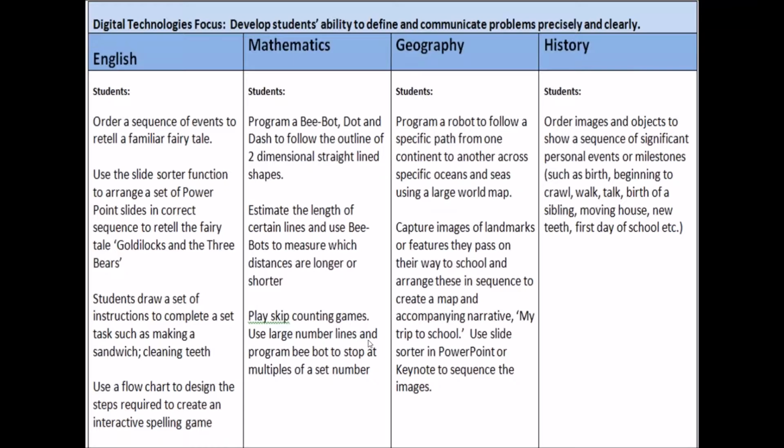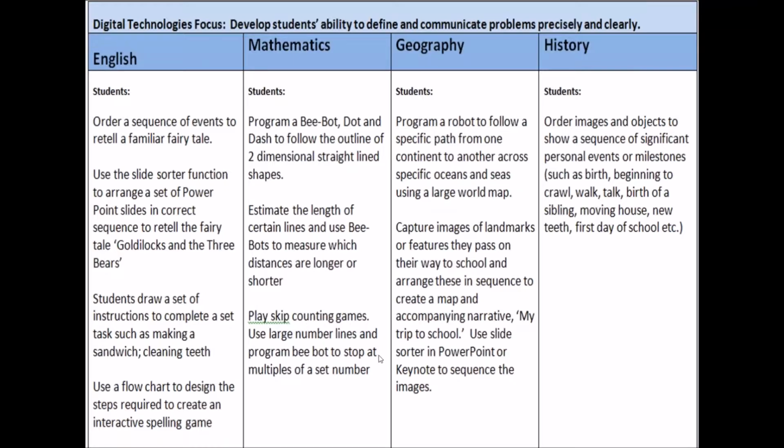So ordering or sequencing events in a familiar fairy tale, asking the students to order some slides showing the correct sequence of Goldilocks and the Three Bears, for example, or writing a set of instructions to complete a set task, making sandwiches, cleaning teeth, using flowcharts to describe the steps, and then articulating those steps to someone else.